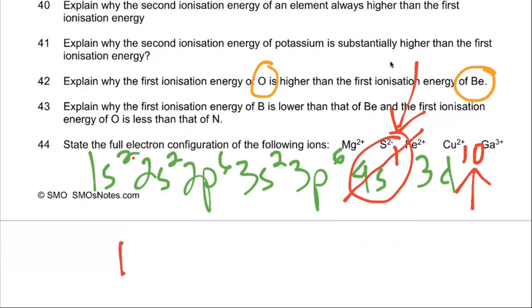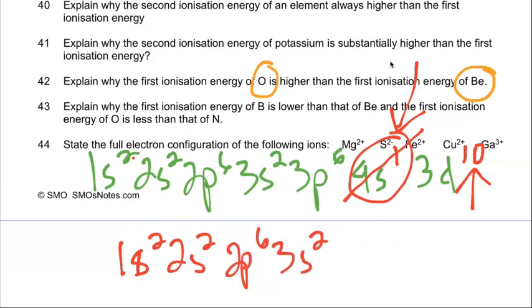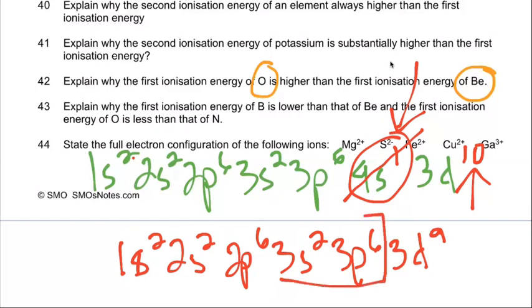So then it would be 1s2, 2s2, 2p6, 3s2, 3p6, and then it would end with 3d9. And now 3s2, 3p6 are going to be its 8 valence electrons.